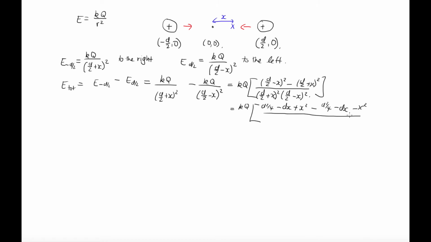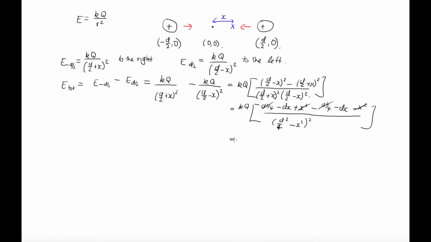And then we're dividing by, here we've got difference of 2 squares, so we can write this as (d squared on 4 minus x squared) squared. And you can see on the top, these x squareds cancel, these d squareds on 4 cancel.